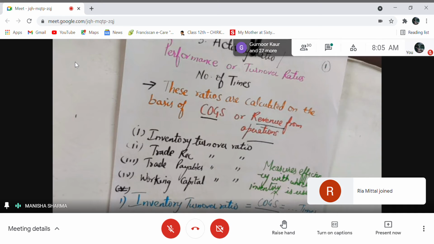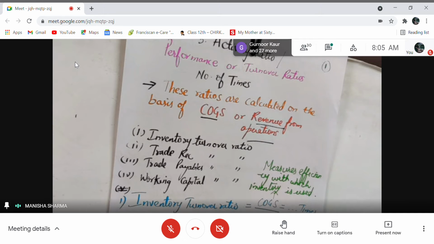If you remember, in the previous two ratios that we've done till now, short-term solvency ratio and long-term solvency ratio, we calculated pure ratios, in terms of 2 is to 1, 3 is to 1, 2.5 is to 1. Only one ratio we calculated in number of times, the interest coverage ratio, the last ratio of the long-term solvency ratio.